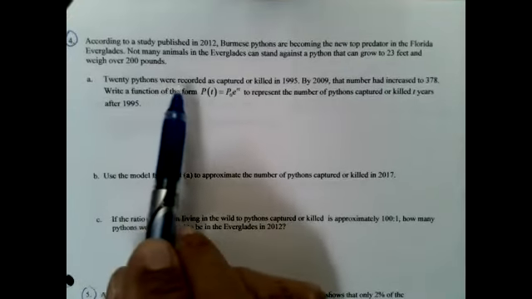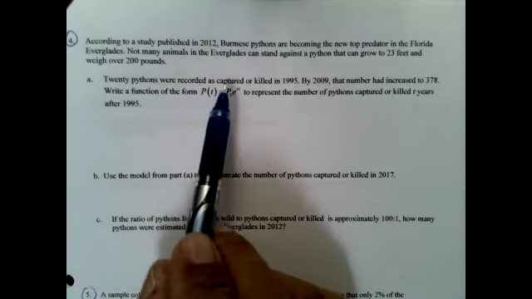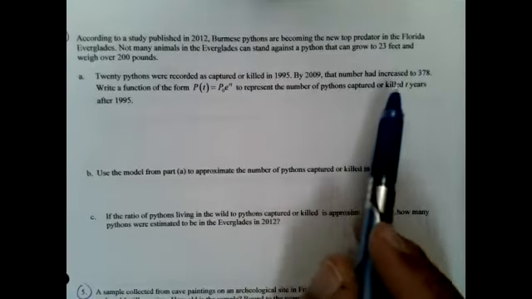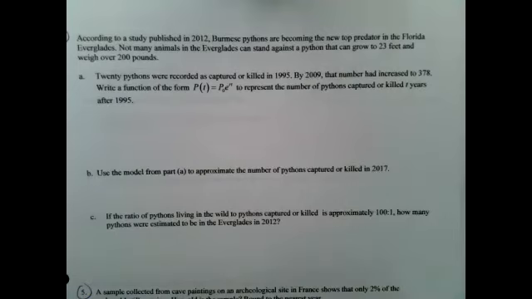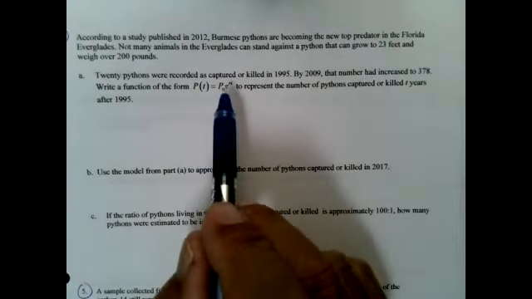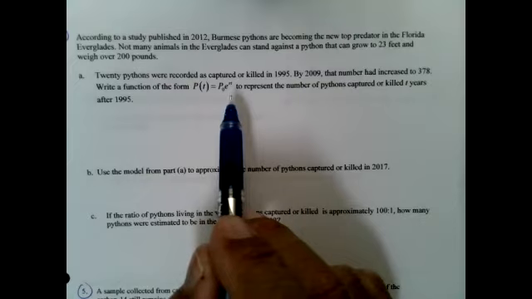20 pythons were recorded as captured or killed in 1995. By 2019, that number had increased to 378. Write a function to represent the number of pythons. Okay, so here it is. That P sub 0, that's my initial value.